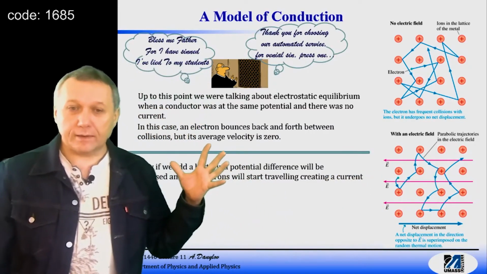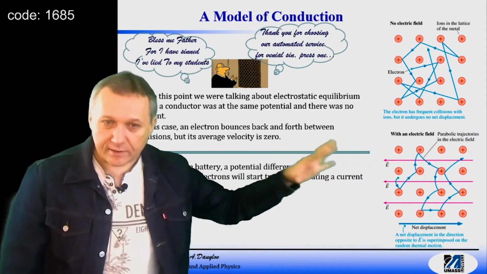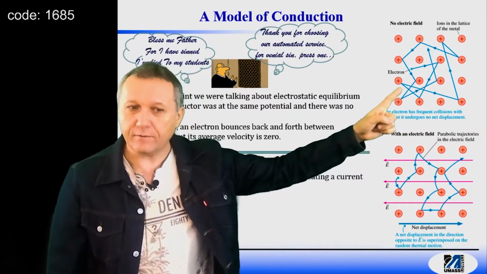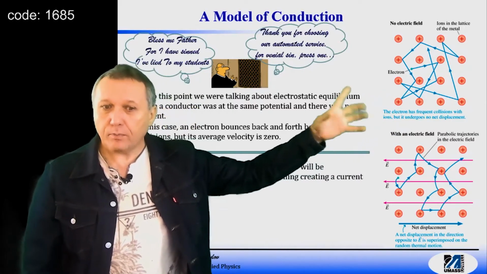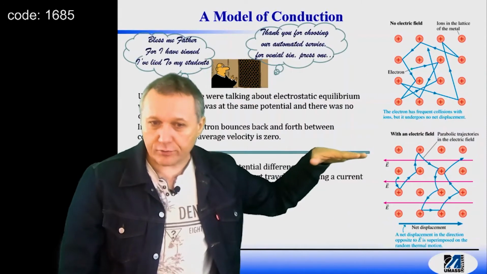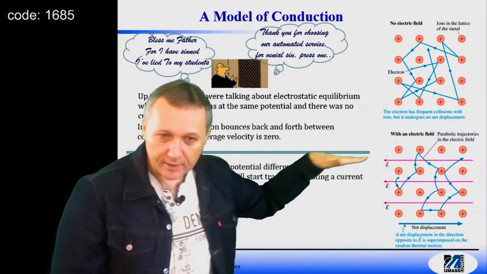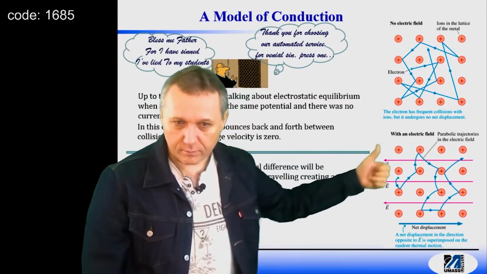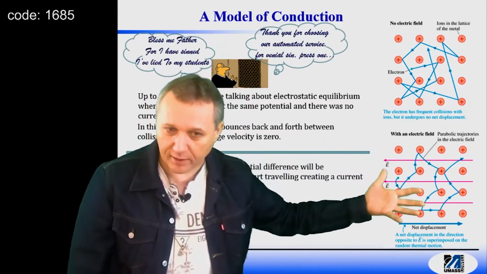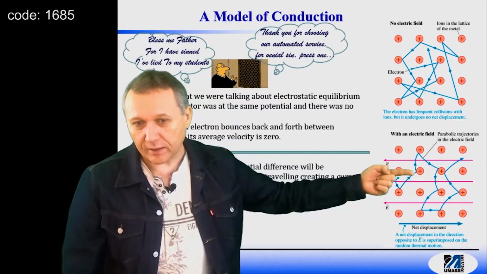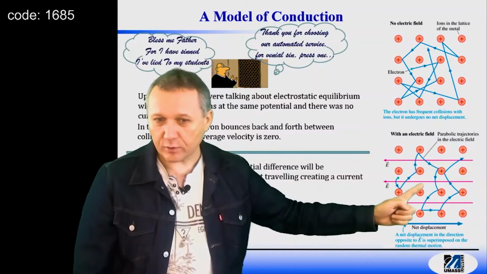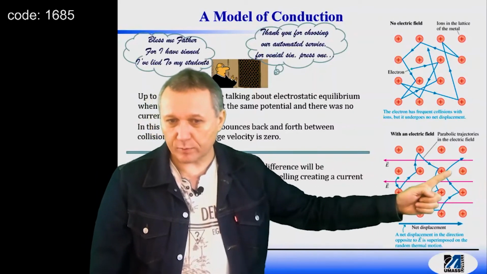Now electrons still have these gigantic velocities, they fly very fast. But on top of that fast velocity, there is a small drift in a certain direction, in this case in the opposite direction to the electric field, because we're talking about negative charges. As a result, instead of these straight blue lines, now we have small parabolas.